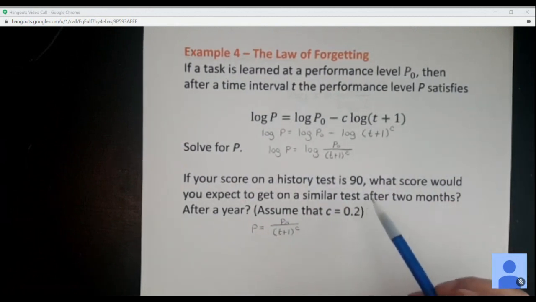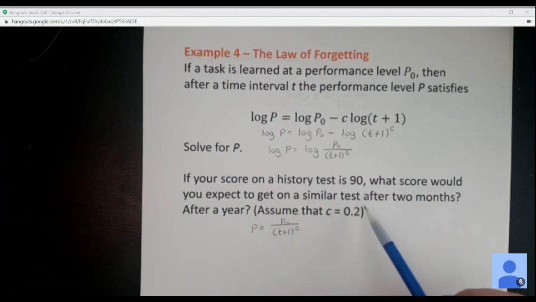Now, all I want to know is, if I were to score a 90 the first time I take a test, I want to know after 2 months, what would I expect to actually score on that test? How am I going to do that now?